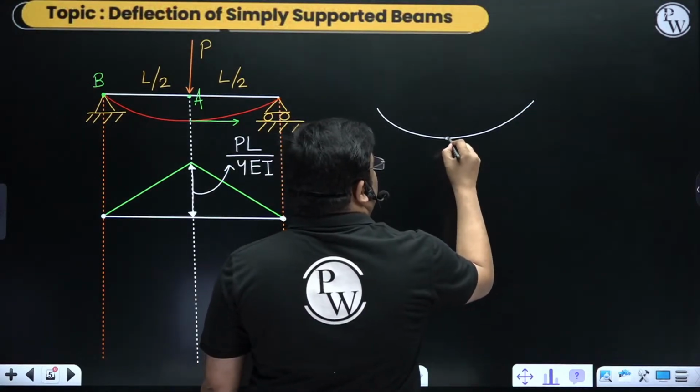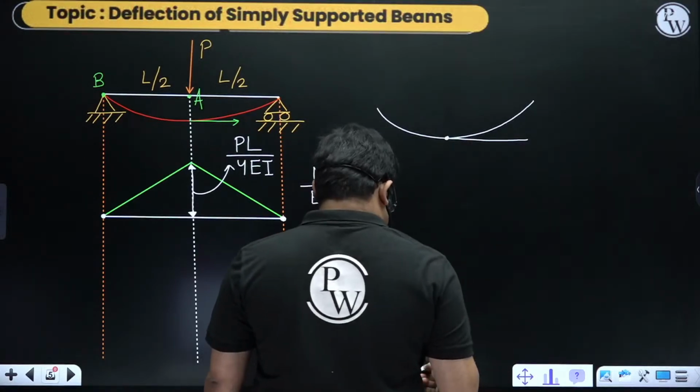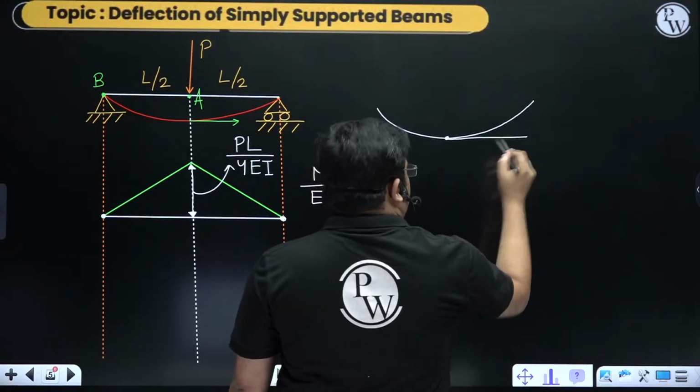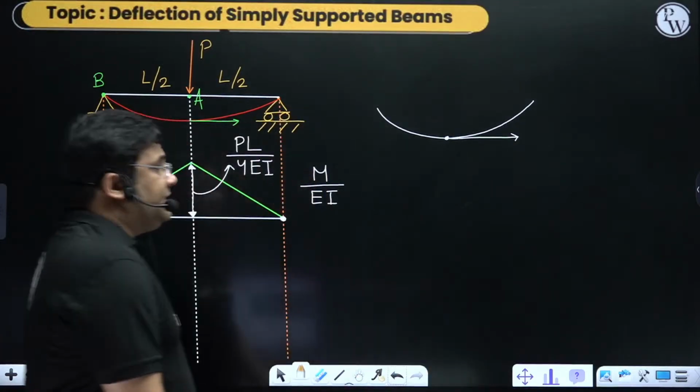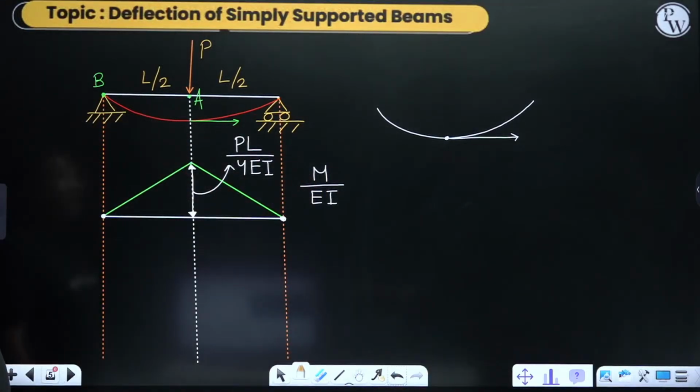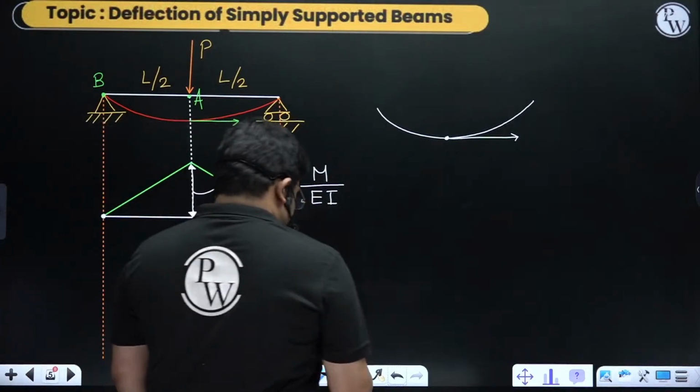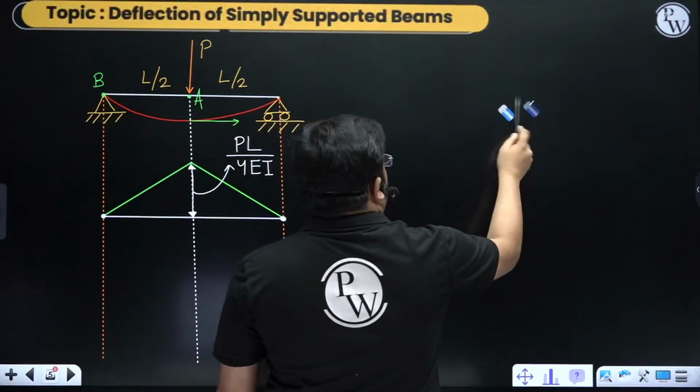Slope means you draw the tangent, and along the horizontal we get zero. So at A, the slope is 0.